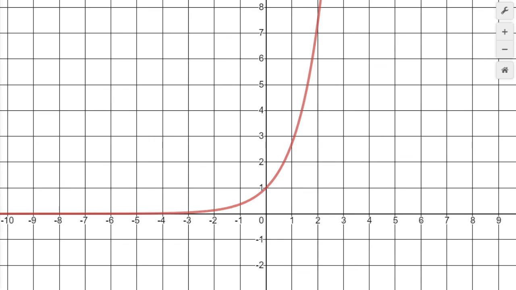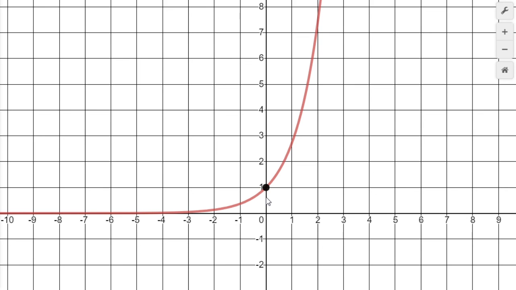But at the point 0, 1, this is also our tangent point. Let me put that in black ink. So that's our tangent point. And now our equation y equals x plus 1. Let me adjust the color to green.